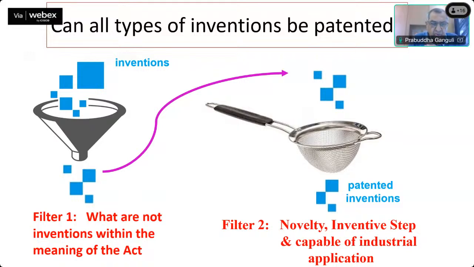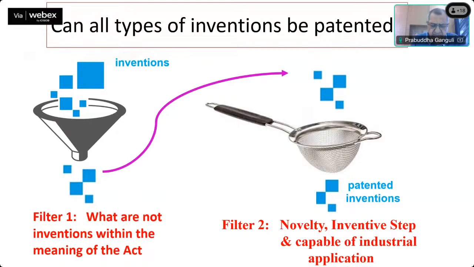Okay. So the point is that we talked about invention, and the question we asked is, can any and every type of invention be patentable? We asked ourselves what the benchmarks are, and what type of questions would be asked about my invention to ascertain whether it is patentable or not patentable.